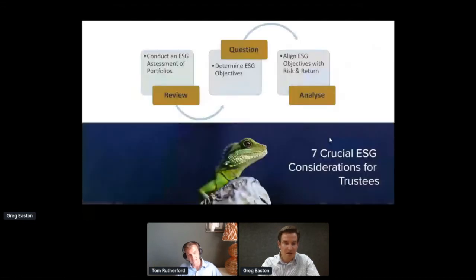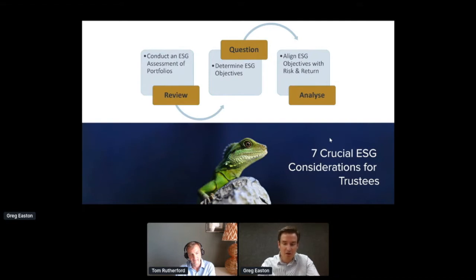So in terms of the format for today, we're going to look at it in two parts: some of the practical applications for trustees when considering ESG, and then looking at biodiversity in a bit more depth and detail, and really picking Tom's brain on some of those key decision areas.